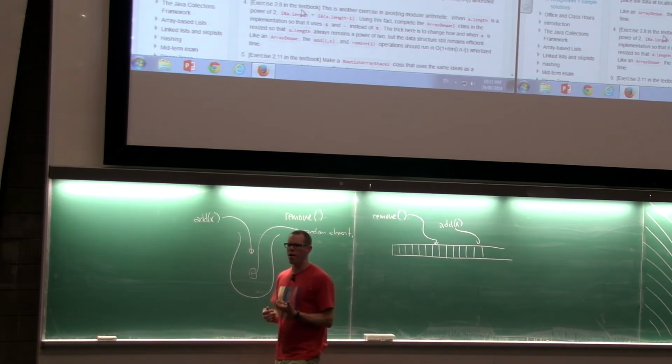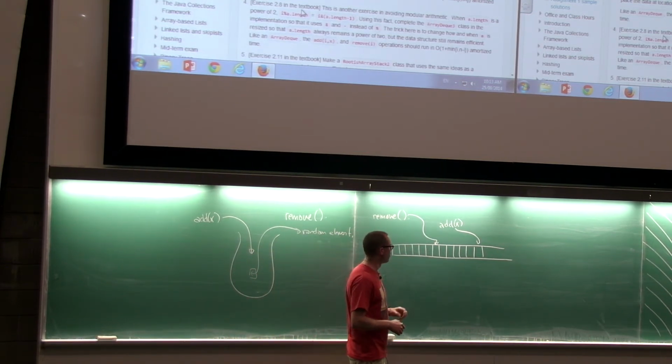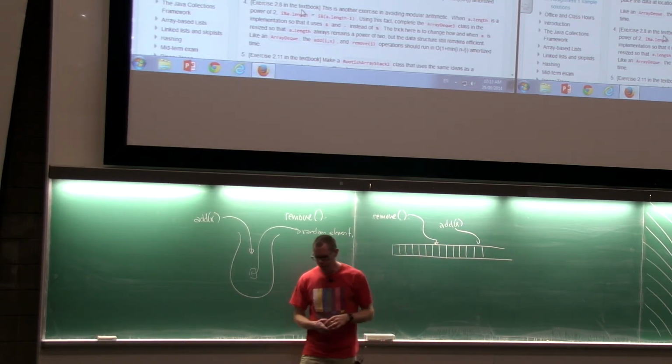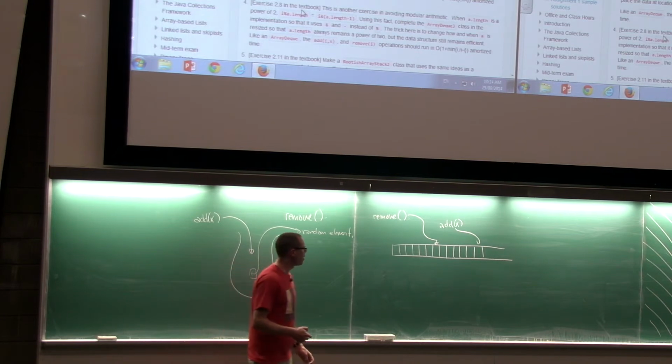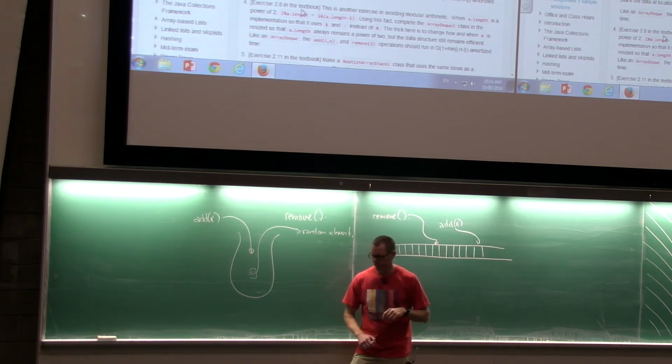So somehow, on average, you're removing from the middle. And you can formalize that by saying, on average, the expected value of the index that you take is about n over 2, which means, well, on average, you have to shift n over 2 elements once you do this remove.